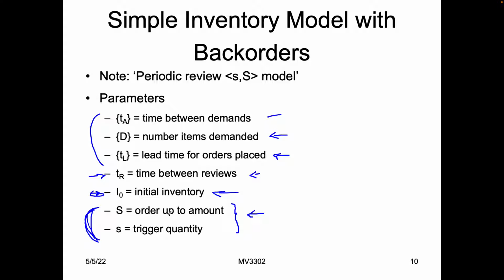If the items require a certain amount of energy to keep them, so if we have something that needs to be kept cold, then there's going to be an ongoing cost of doing that.